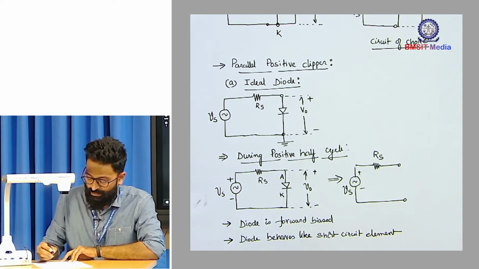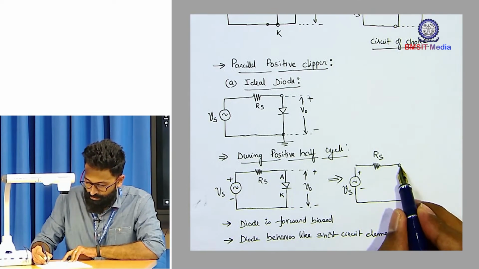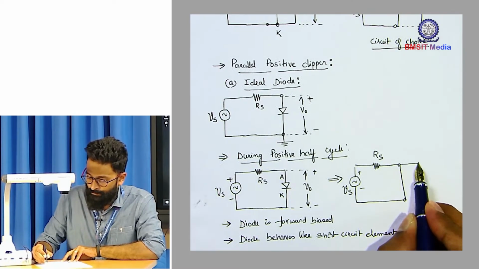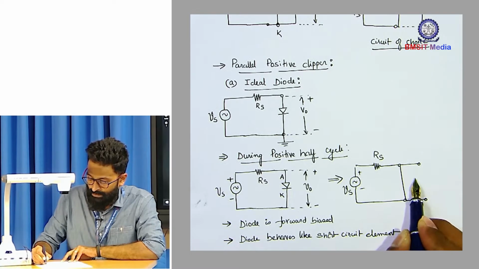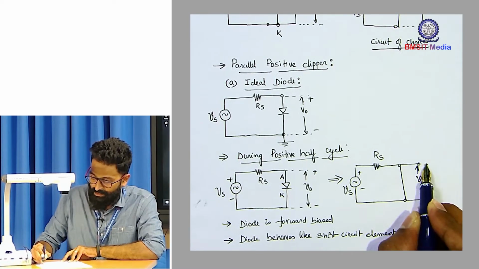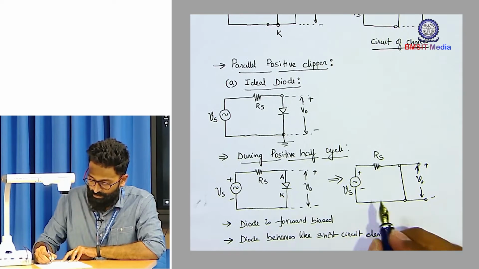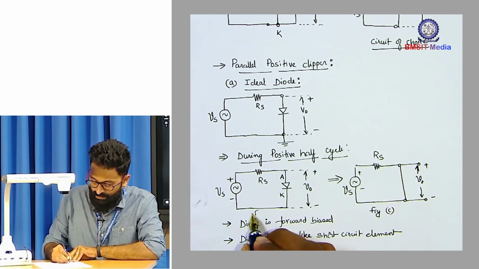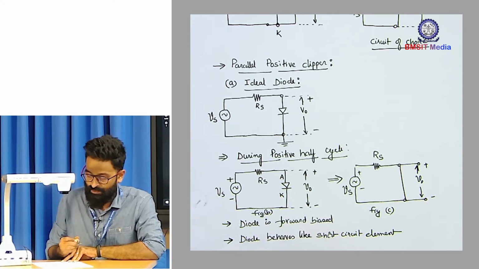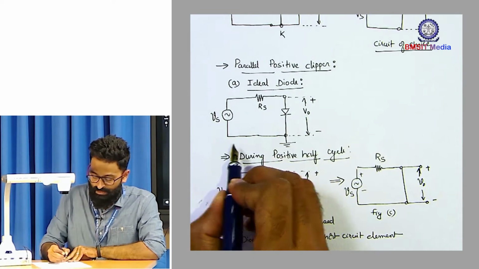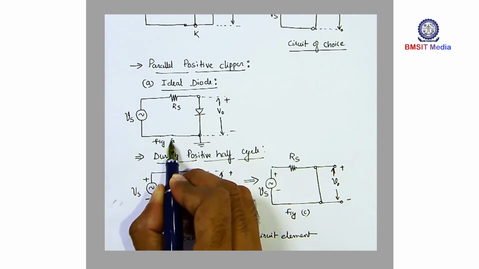Now the diode is forward biased, hence you can replace it with a short circuit equivalent. Across this short circuit you are measuring the voltage. Let us consider this as figure C, this as figure B, and this being figure A.